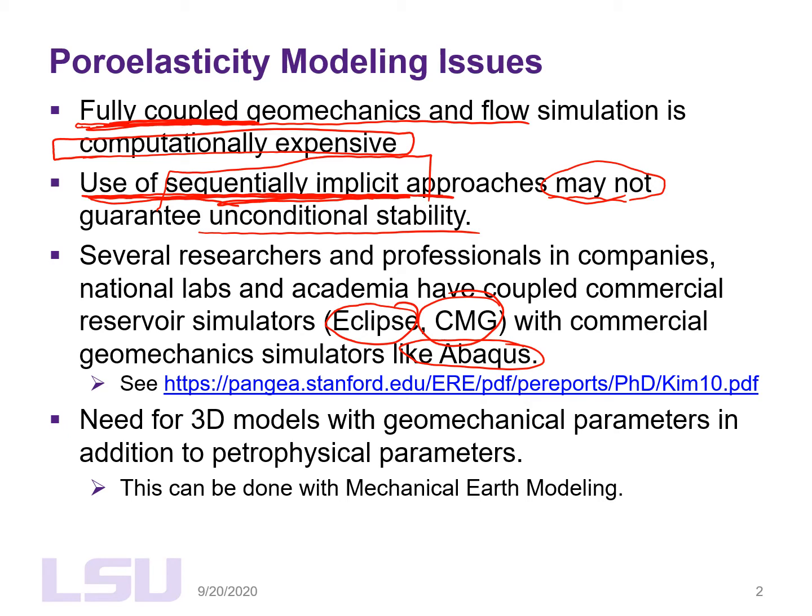Remember, the volumetric strain shows up in the flow equation. Then you solve the flow equation again for a new pressure, take the pressure into the geomechanics problem, solve for displacement, and then strain, take the strain into the flow problem, and you keep going until you have convergence. Then you move on to the next time step. So that's how we do loose coupling.